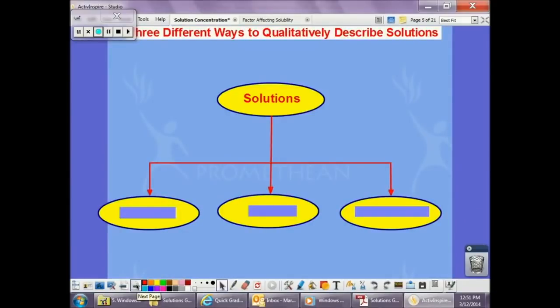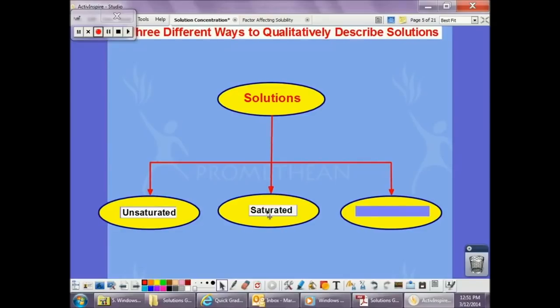Now, there are three different ways to qualitatively describe solutions, and we discussed it in the last lesson. The three qualitative ways to describe the concentration of a solution are unsaturated, saturated, and supersaturated. Those are qualitative ways. They don't have any measurement, no number.